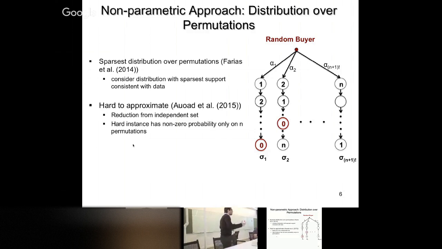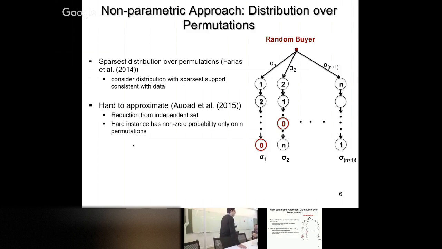So before I go to describe our model, let me just mention this closely related work about a non-parametric approach towards modeling preferences. Instead of thinking about max entropy, this paper by Vivek Farias and co-authors looked at the sparsest distribution over permutations that explains the data. They showed that in some settings they can estimate such a model, but the assortment problem actually becomes hard for sparse distributions. In fact, it's a very funny model.